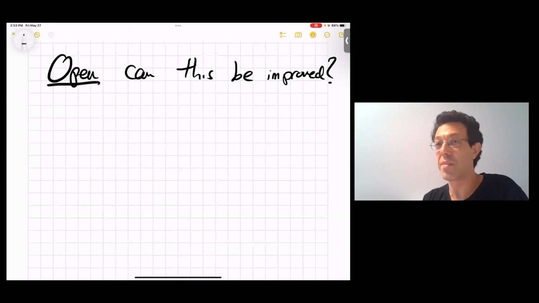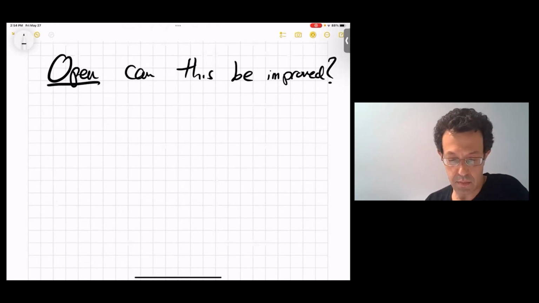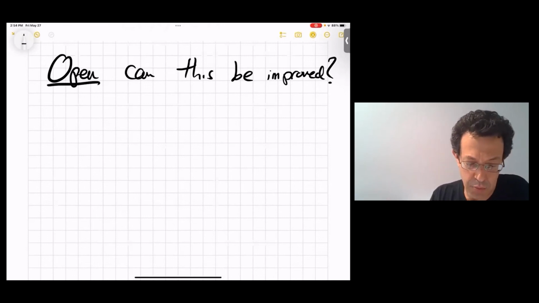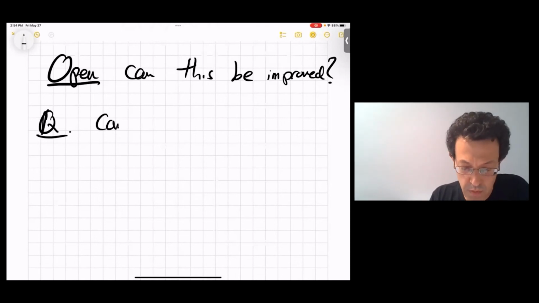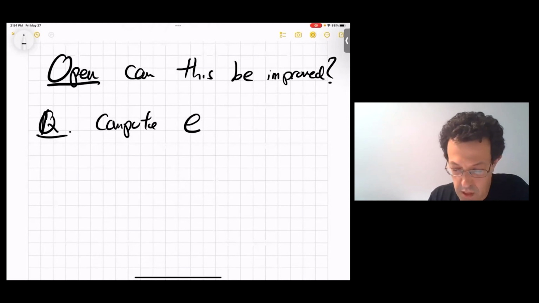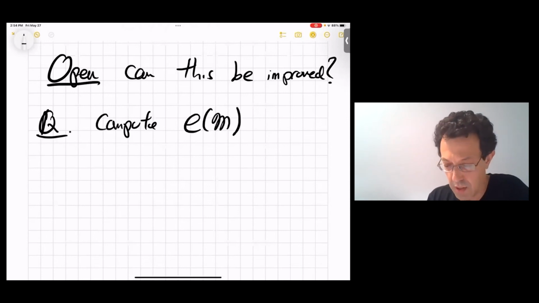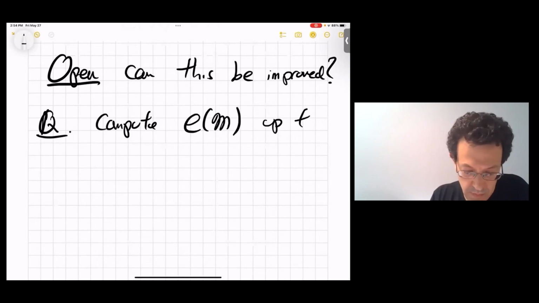So up to the theorem that I'm going to tell you now, which is from December last year, the question was: compute E of X up to constant factors.